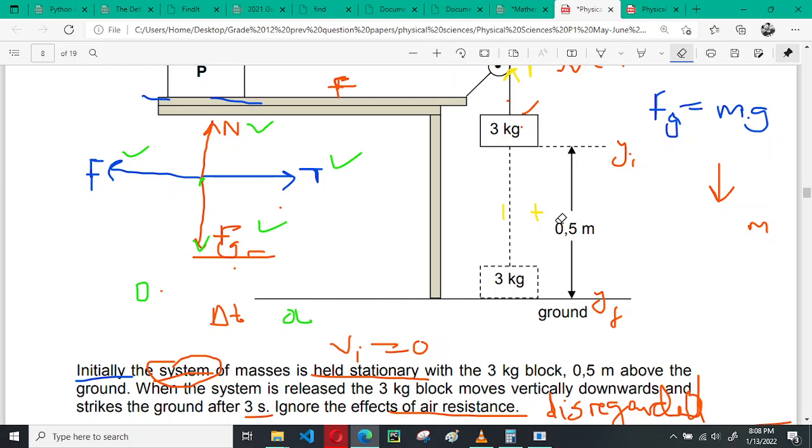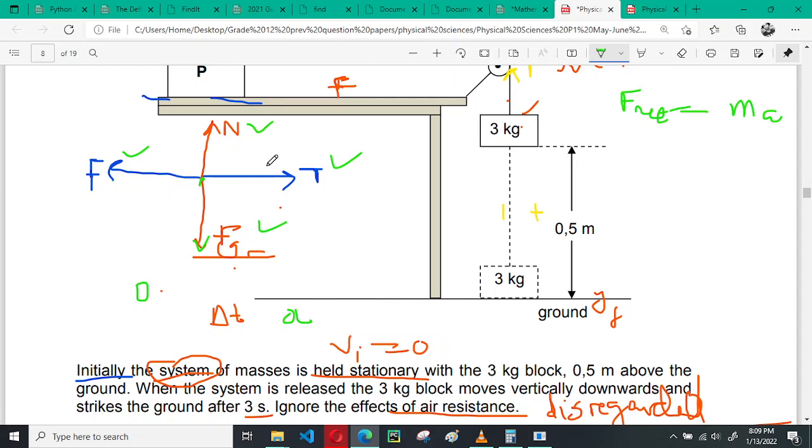All right. We want to calculate the mass of this object, so we're going to use Newton's second law of motion. The net force is equal to ma, and we know that the object is moving in that direction, so we say forces going in the same direction as the object minus forces going in the opposite direction.